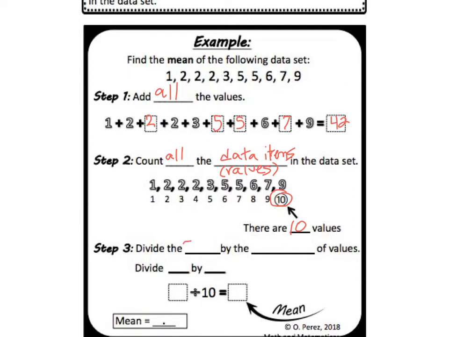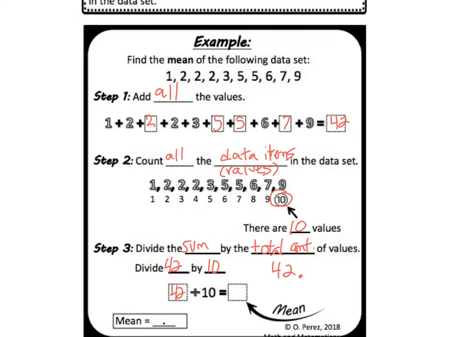Step three, we will divide the sum by the total amount of values. I'm just going to abbreviate amount. So for this example, that means we'll take 42, and we'll divide it by 10. And remember, guys, when you have a whole number, there is technically a decimal point to the right of that whole number.